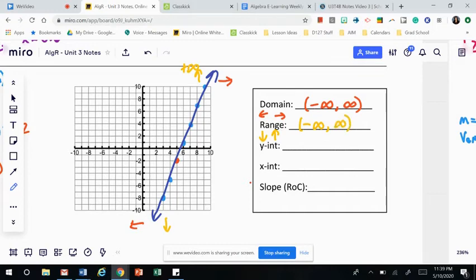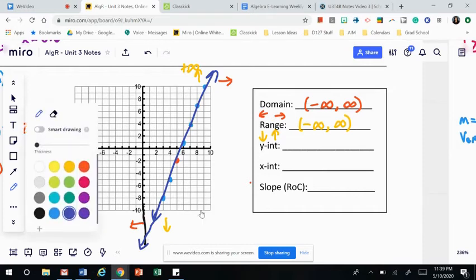Okay, where does our graph cross the y-axis? Well, as of right now, we can't really tell. But what I do know is that my graph does extend in both directions infinitely. So if I were to extend my y-axis, I can see that my graph will cross the y-axis eventually, but I don't know what that value is.